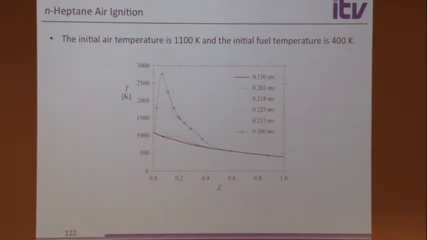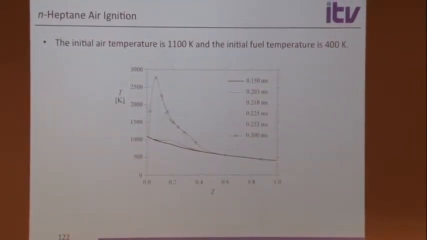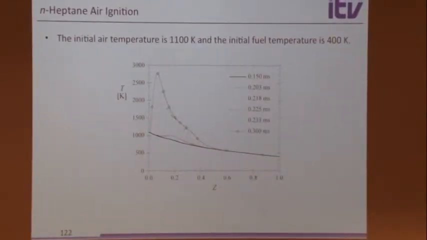So this here is a solution of the unsteady flamelet equations, where you see that these diesel-like conditions, or relatively high temperature, is heptane air, relatively high temperature here on the air side, maybe in the diesel engine it is a little lower, but it could be as high as this. And then here on the other side, fuel temperature here, 400 Kelvin.